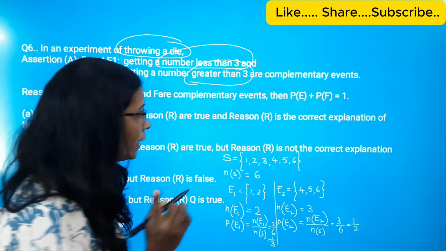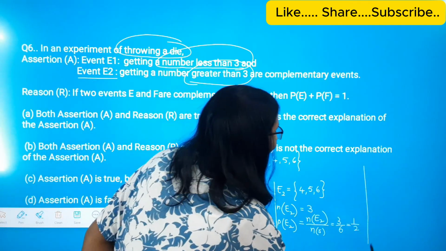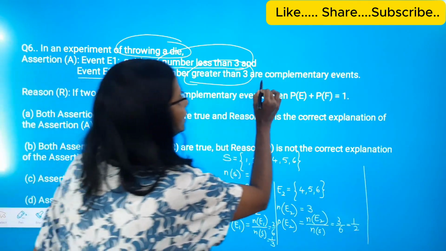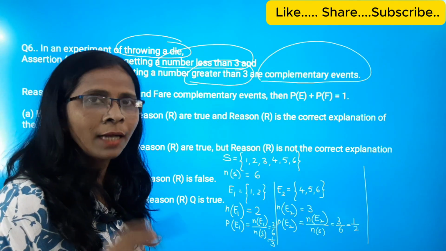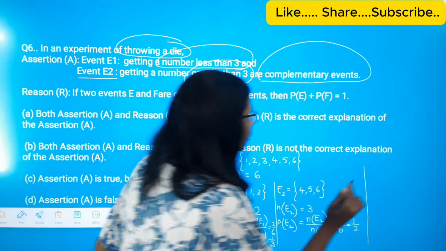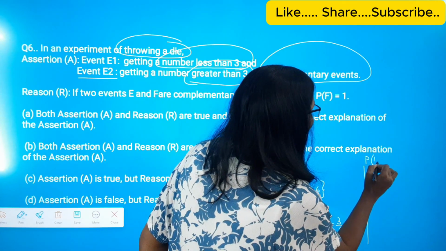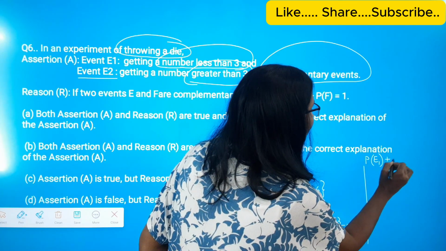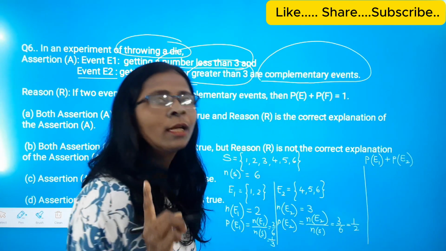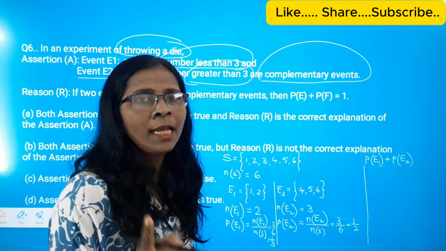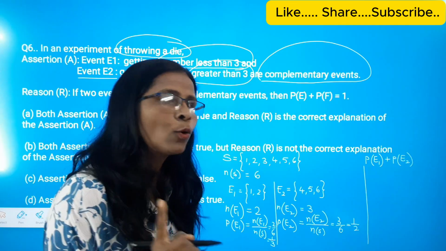Now they say in the assertion that E1 and E2 are complementary events. Complementary events means P of E1 plus P of E2 should be equal to 1.